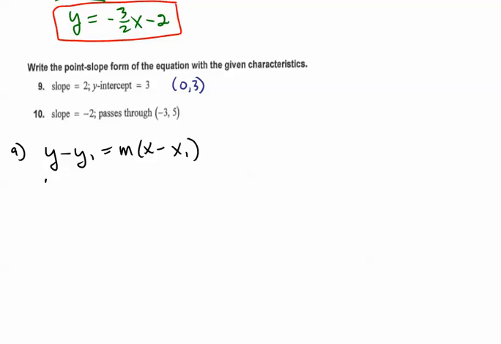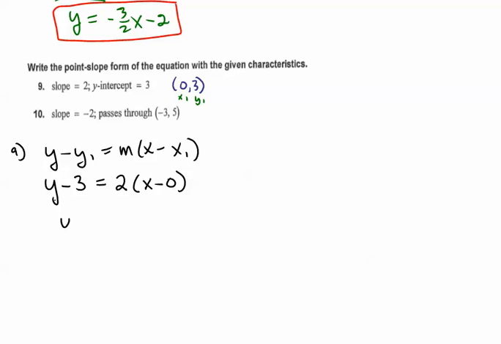We have y, label our point, x1, y1. y minus y1 is y minus 3 is equal to slope of 2 times x minus x1, which is 0, and that's sufficient right there.